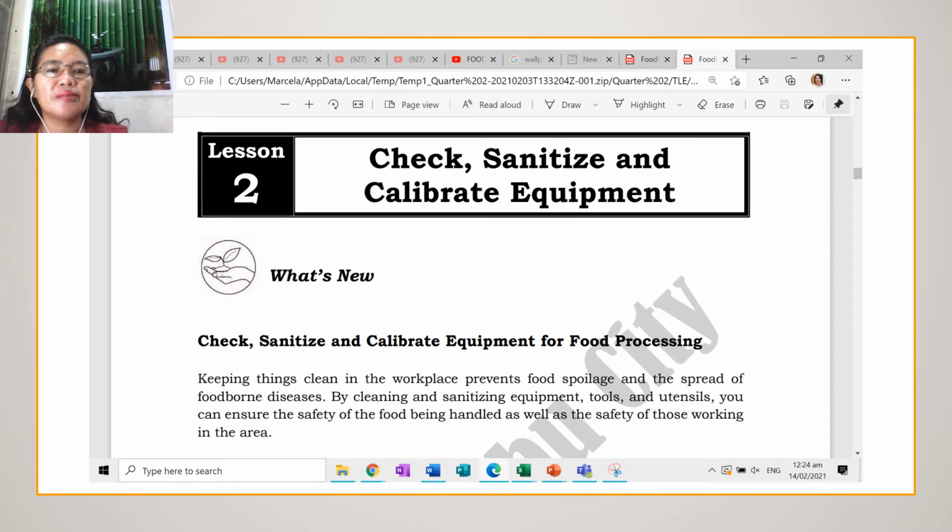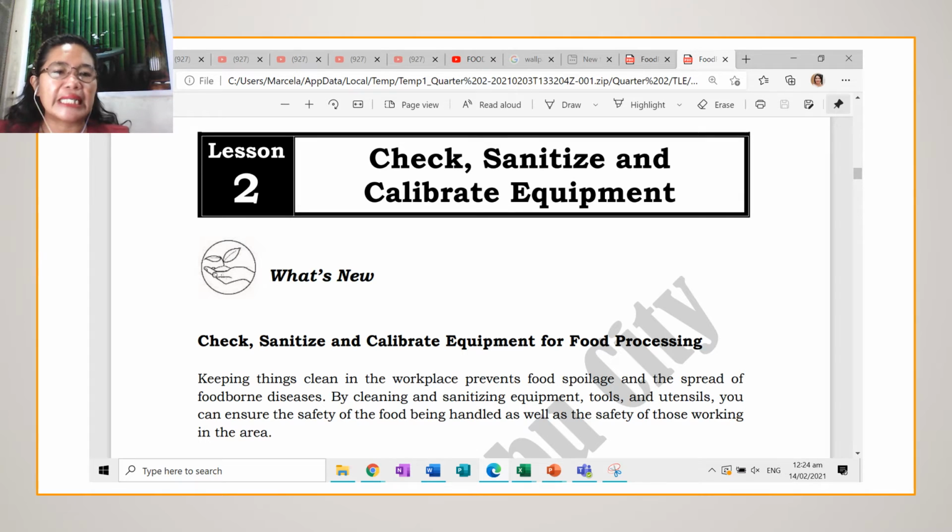After answering, we are going to proceed here in lesson 2, which is to check, sanitize, and calibrate equipment. So what's new? Check, sanitize, and calibrate equipment for food processing.